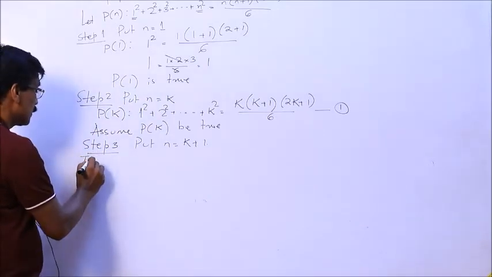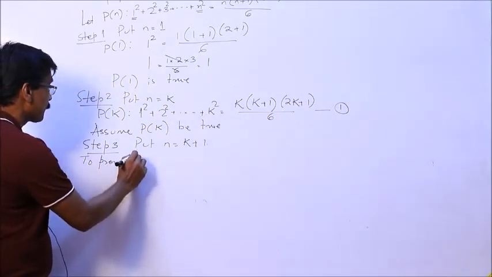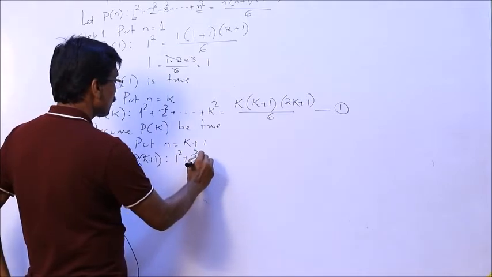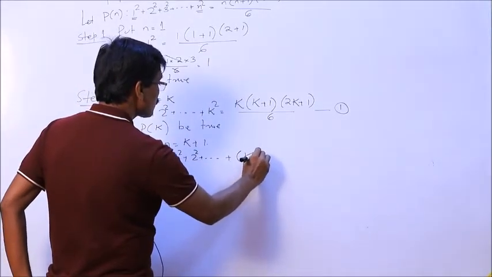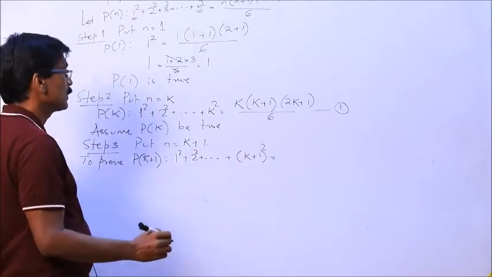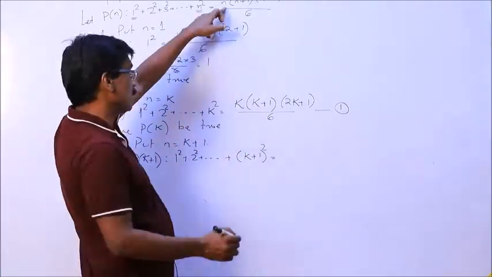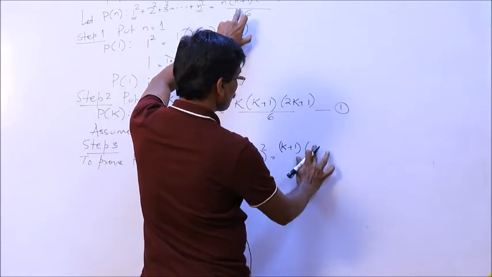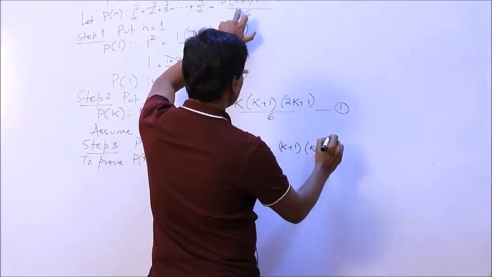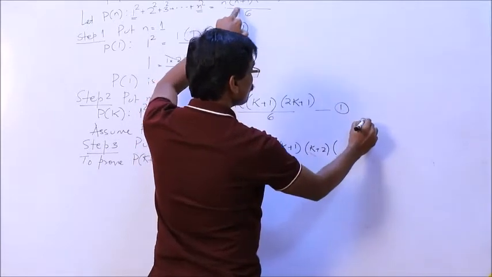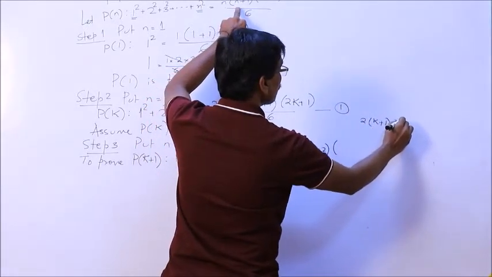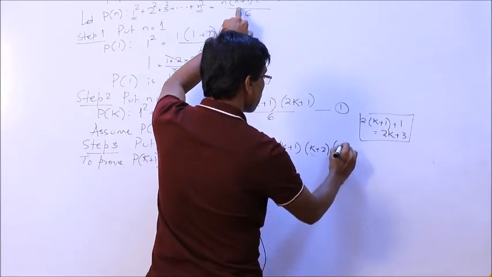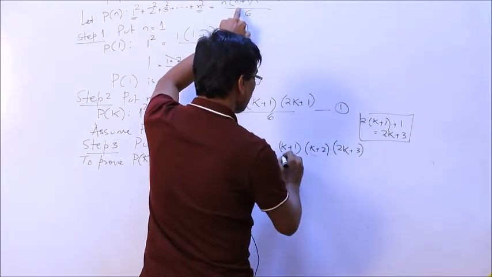Then to prove P(k+1), that is 1 square plus 2 square up to (k+1) square is equal to, for the right hand side also put n is equal to k, that is (k+1) into (k+2) into (2(k+1)+1), that is 2k plus 3, divided by 6.